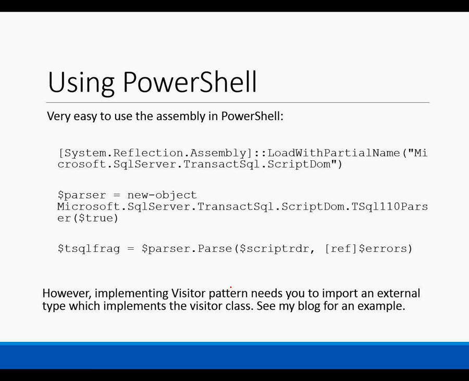The challenge you will find though is that because PowerShell is somewhat of a simpler language than, let's say, C#, you cannot do things like the visitor pattern that I showed you right now. To do that, you have to implement a type within PowerShell, which gets a little bit more complex. So on my blog, there's a pretty good example of how you can use PowerShell and the visitor pattern together.